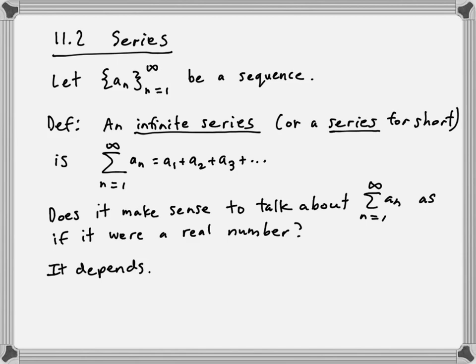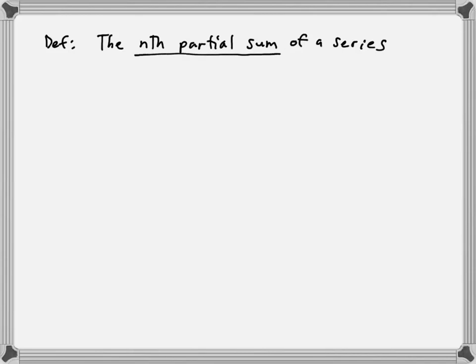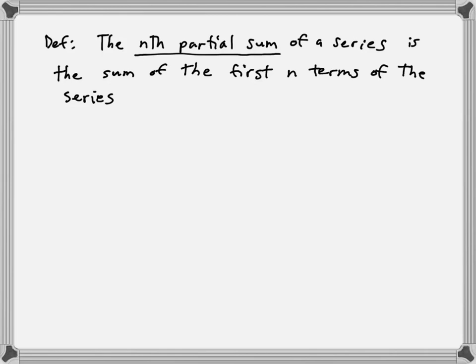We need another definition. So definition. The nth partial sum of a series is the sum of the first n terms of the series.